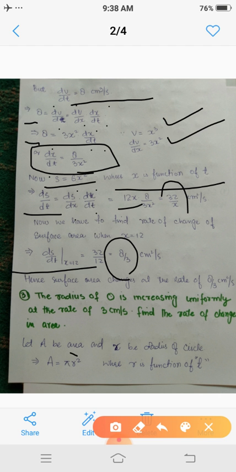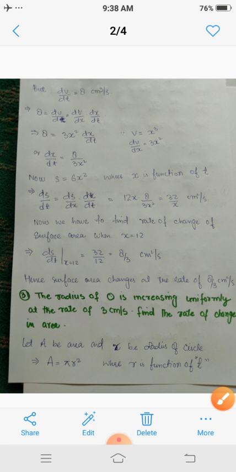Let A be the area and r be the radius of the circle. We know that A equals πr², where r means distance, which is a function of time t, that is, r is a function of t. So we have to find dA/dt.